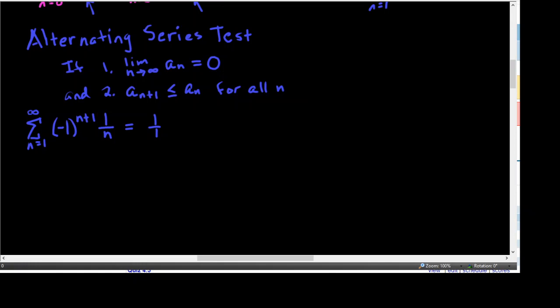Then putting in 2 for n, 2 plus 1 is 3, -1 cubed is -1, so this will be a negative answer, 1 over 2. One to the fourth is positive, so yes, this is alternating between positive and negative answers.